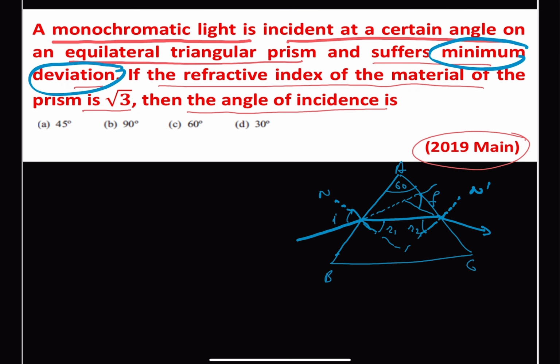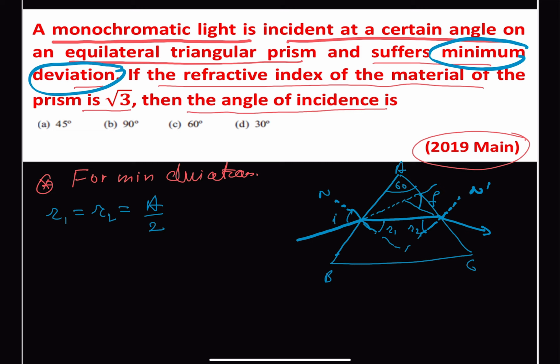Okay. So for the minimum deviation, we already know that R1 is equal to R2, and it will be equal to A by 2.